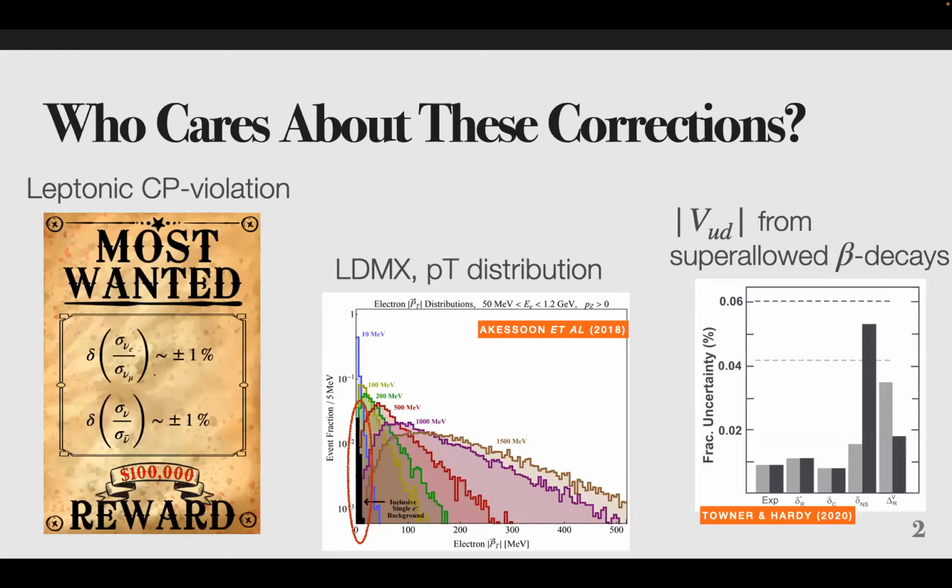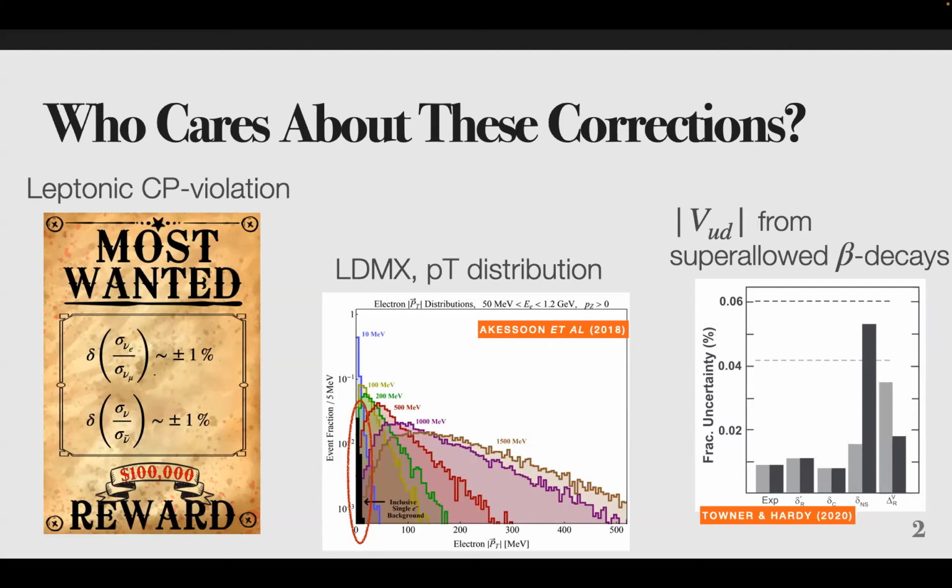Why should you care about this? So that's the most important question. So presumably you care about fundamental physics, and you might not be particularly interested in the details of nuclear beta decay. And so the pitch is really simple. It's just that there's a lot of experiments that do probe fundamental physics that rely on large nuclear targets.